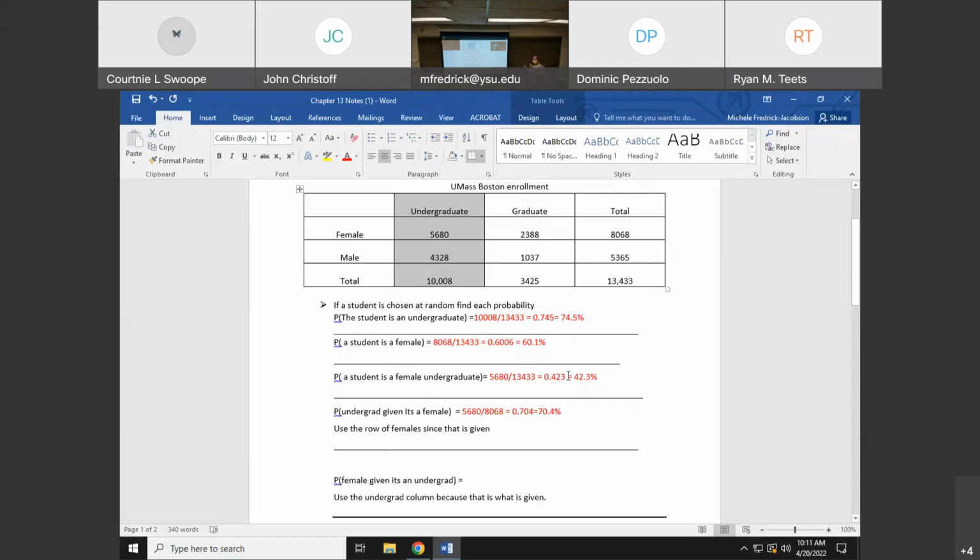So when certain things are given, use that row or that column. Probability of female given undergraduate: in the column, females are 5,680 divided by the total in that column.